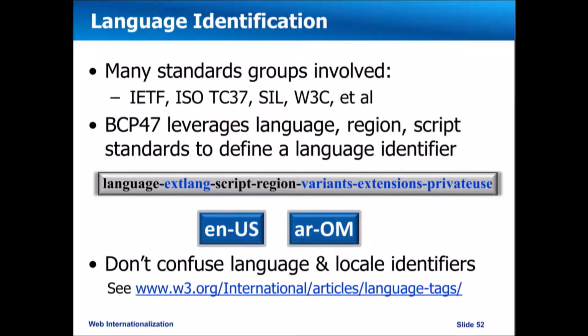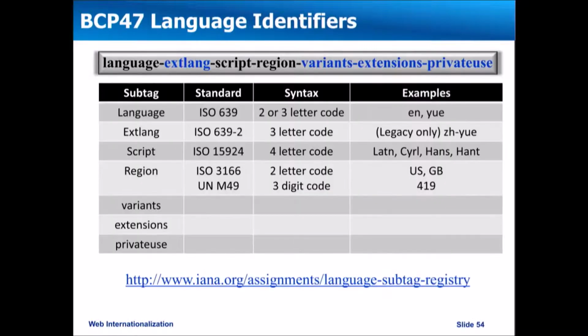So I mentioned language identifiers, and I think most of you have seen this. I will describe it somewhat. This comes from a standard, BCP 47. So the language identifier is composed of several fields. There's a language tag.